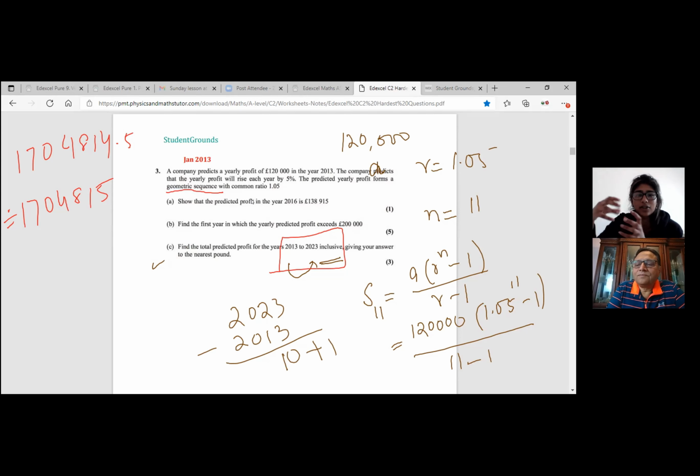When you write your original formula, we did n minus 1 because we started 2013 as n equals 1. So that was the first part. And then you told me to take my time to define the variables in the beginning, even though the question doesn't ask for it. It's good to have that on the side so that when you have parts A, B, C, and D, it's easy to understand.